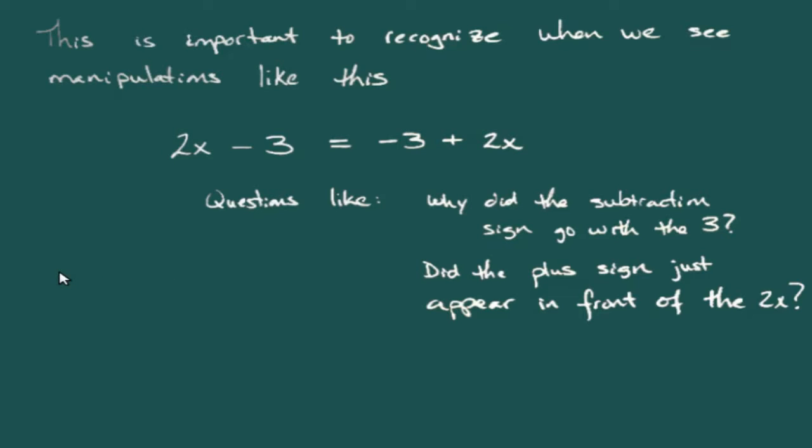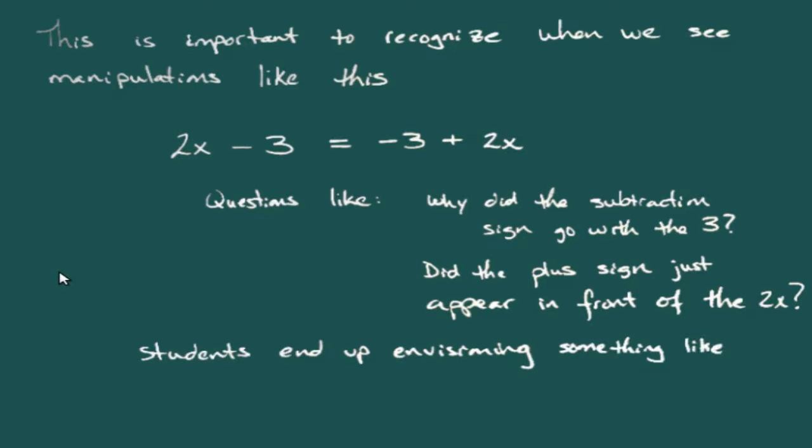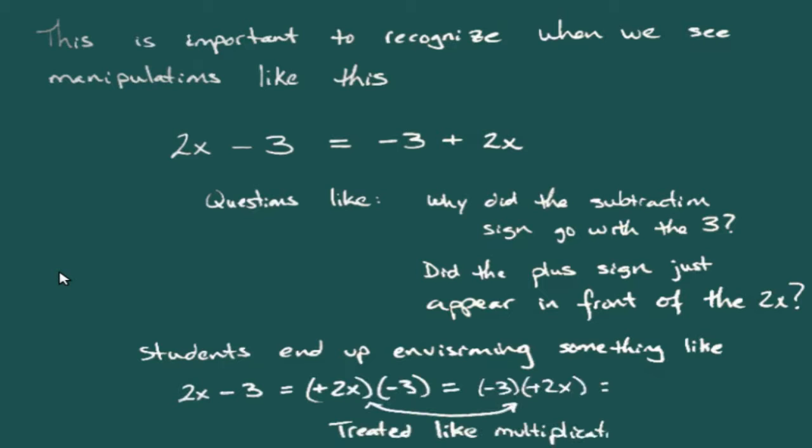And so we get misconceptions going on in the student's mind when they're seeing these manipulations, and they may end up thinking of something like this, that all of these things end up getting treated like a multiplication, where in their mind they group the 2x, the plus sign just appears, and this is something like multiplication, and they switch these around, and then all of a sudden we drop the parentheses, and this is some kind of multiplication thing that was happening here.